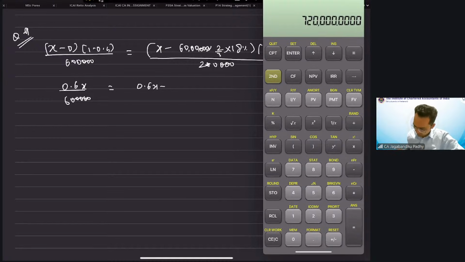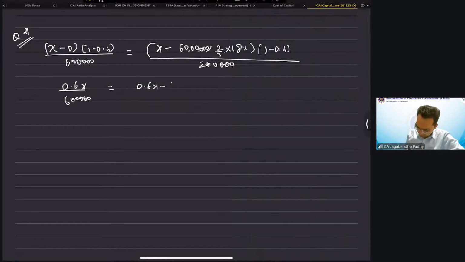It is 7,20,000. That's multiplied by 0.6, which is 4,32,000, upon 2 lakh. So we can definitely cancel out this, and this is also just 3.